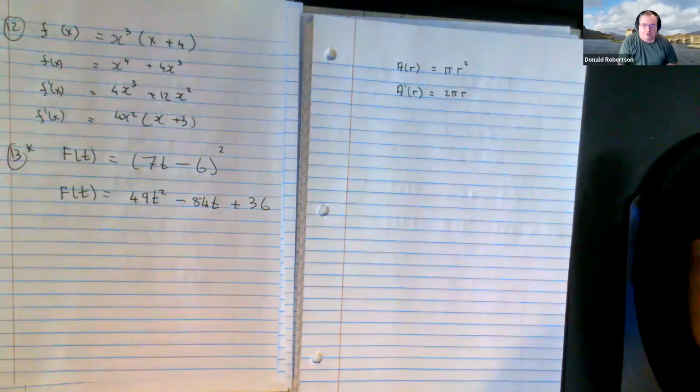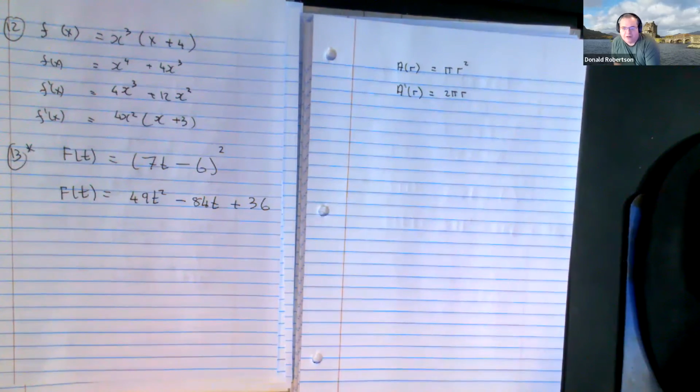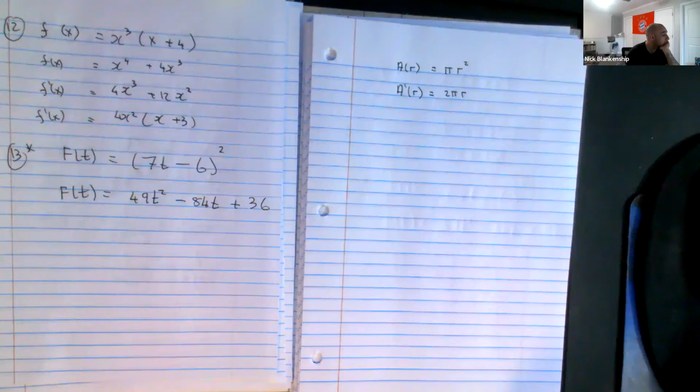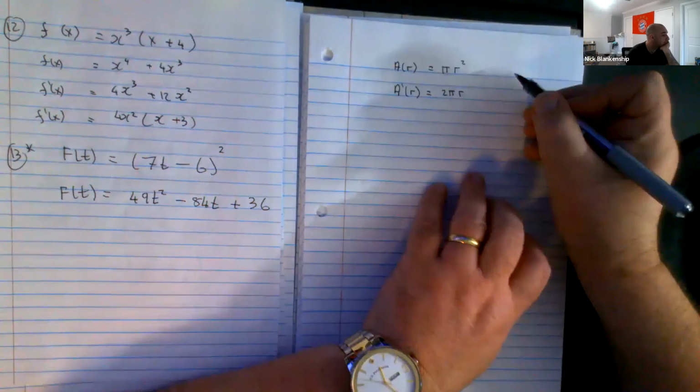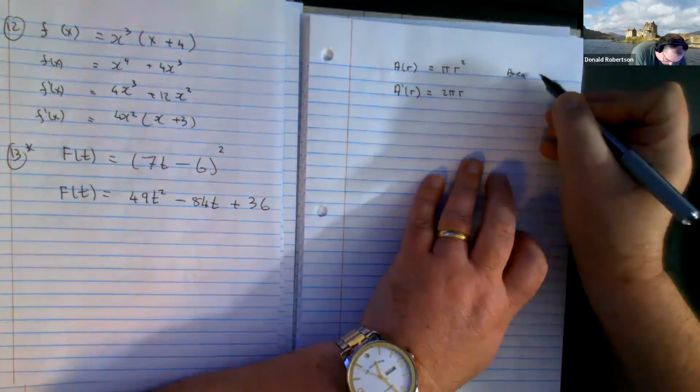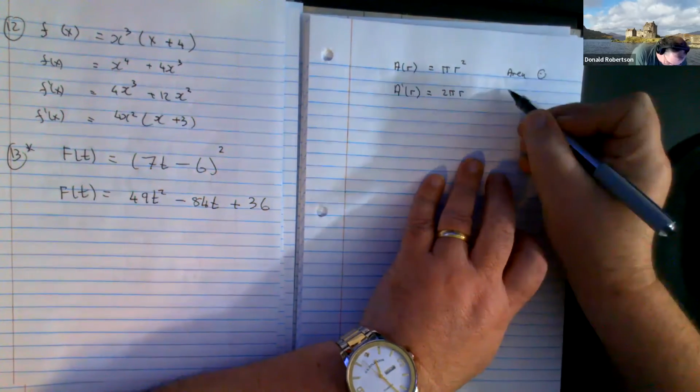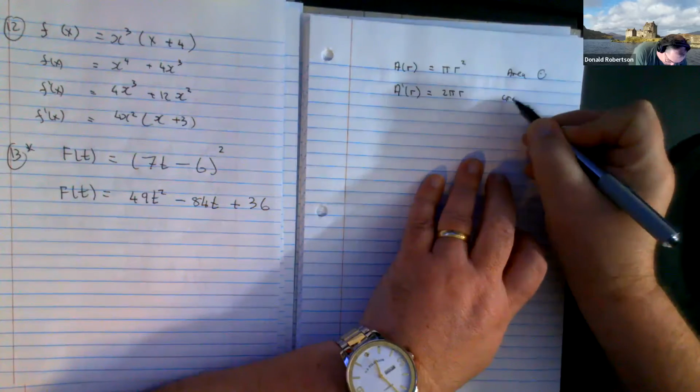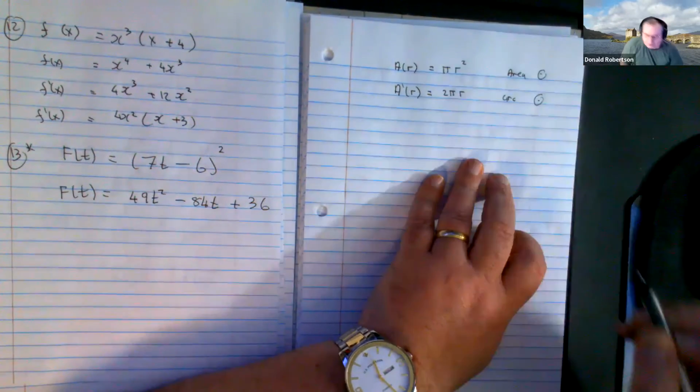Oops, there we go. Lost on my screen for a minute. Do you recognize the formula 2 pi r? Yes. What is it the formula for? Circumference of a circle. Right. So we had the area of a circle and I differentiated it and I got the circumference of a circle.